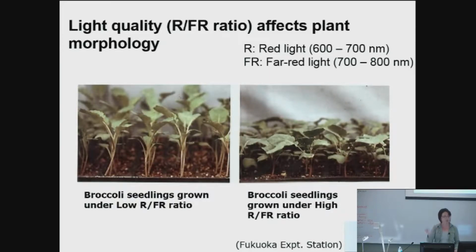And so it's very much at the end, and you can't really see it, even though the same photons are coming in, it looks so dark. But anyway, if the ratio is low, that means more infrared relative to red. Then plants stretch. Okay, and then if it is high, more red relative to infrared, then it gets compact. Okay, it's a very dramatic response plants have to red and infrared ratio.